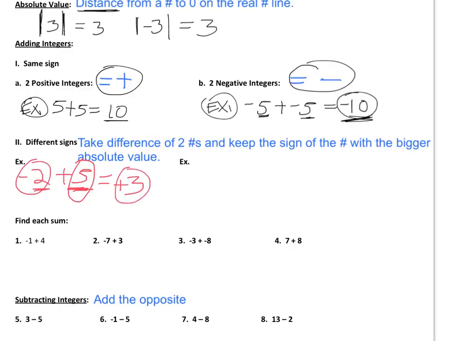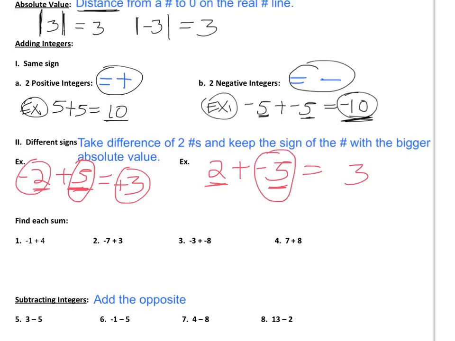Now if I took the same numbers and I switched around the negative and the positive, so for the second example, I'm going to put 2 plus negative 5. I'm adding a positive 2 and a negative 5. So if I just take the difference again of their absolute values, the difference of 5 and 2 is 3. But now the number with the bigger absolute value, it's still this one.